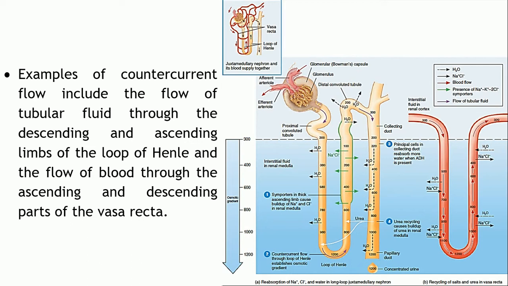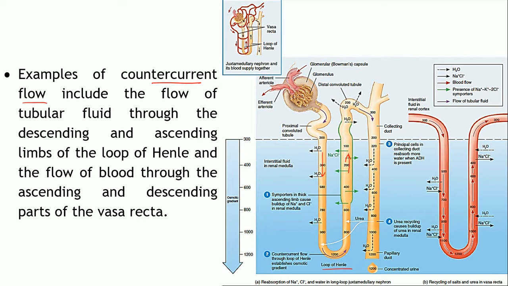There are two locations where this countercurrent flow takes place. The first one is the loop of Henle. Now how does the fluid travel? In the descending limb of the loop of Henle, it's in this direction. And what about the ascending limb? It's in this direction, right? So fluid is moving in the opposite direction. So that's a countercurrent flow.